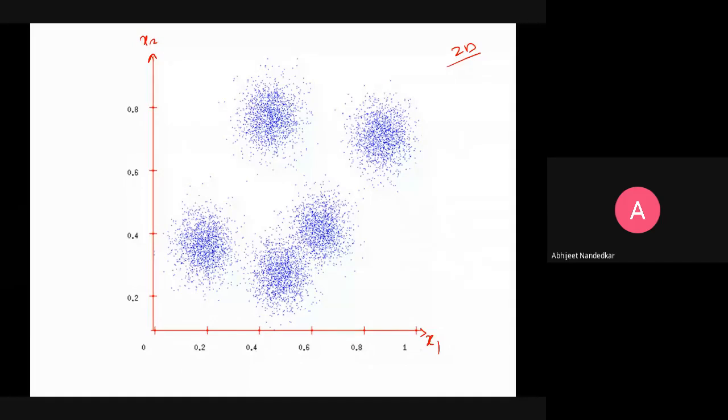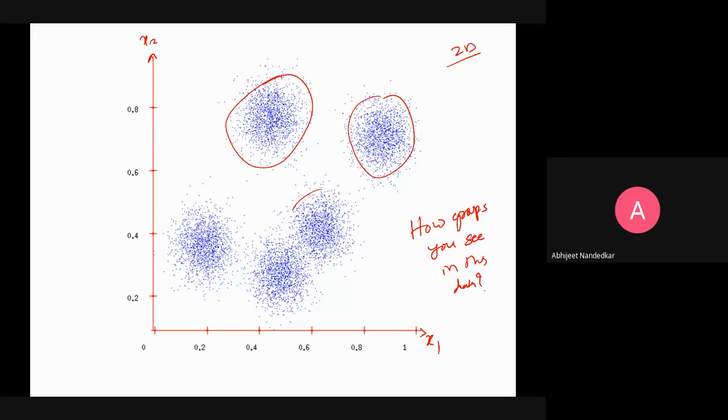Now, if I ask you how many groups will you see in this data? Since you can visualize this data, you may say, okay, I can group these samples, these samples, these samples, and these samples.